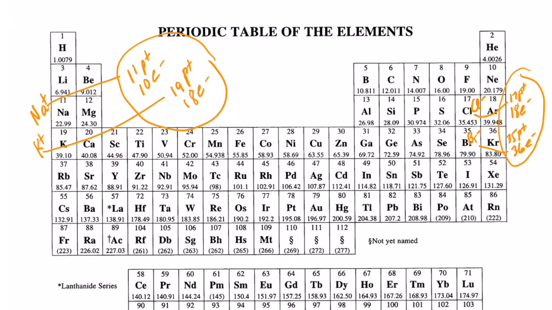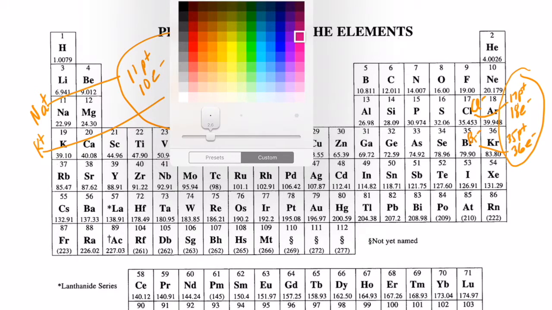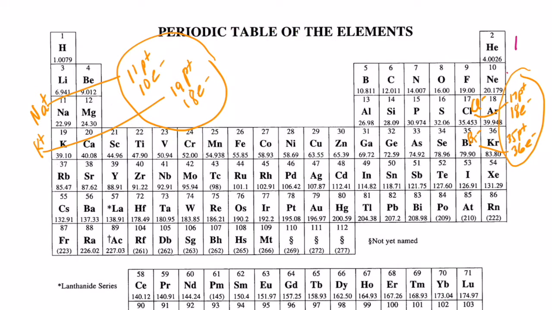We can also count energy levels. Looks like we have 1, 2, 3, 4 energy levels for Br negative, 3 levels for Cl negative, and Na+, since it's lost an electron, has 10 electrons. It would be like neon with 10.